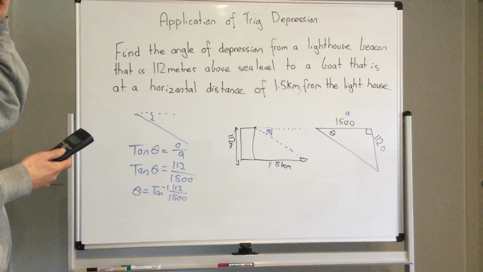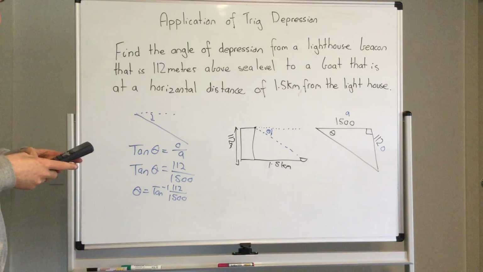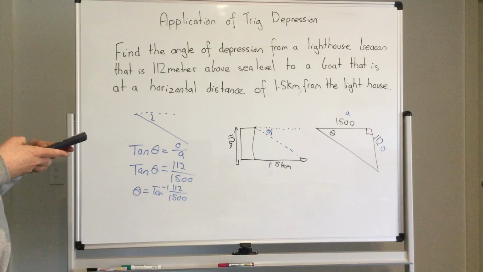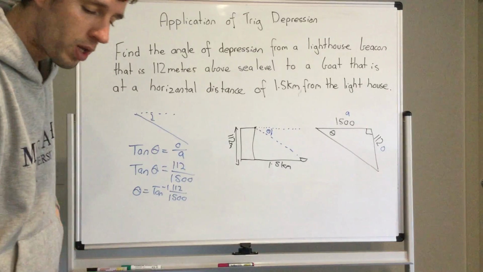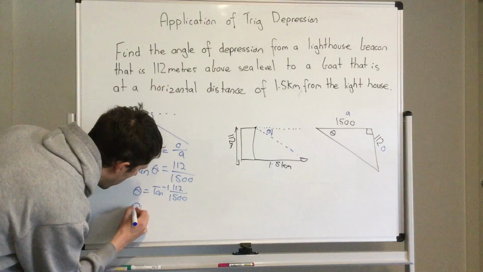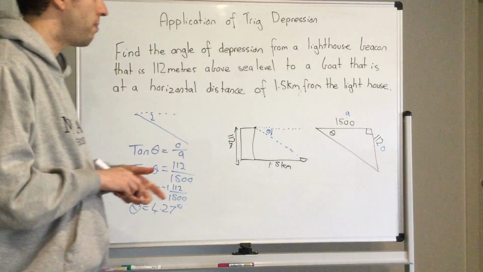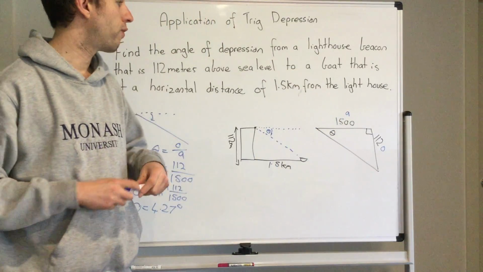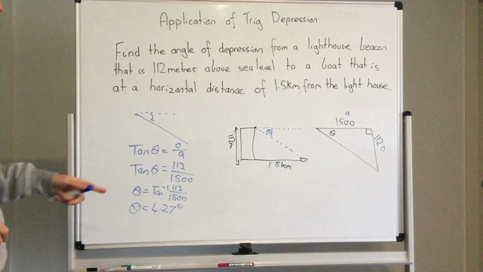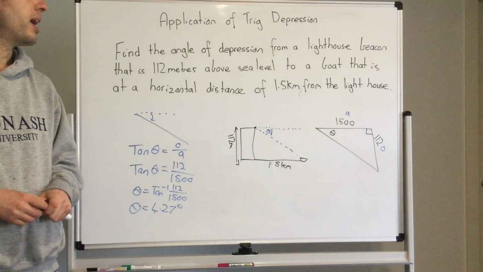So tan negative 1, 112 divided by 1,500, and that gives me an angle of 4.27. Alpha equals 4.27 degrees, which just means that is the angle of depression from the top of our lighthouse to the boat. I really hope that helps you understand what depression means and how it can apply to a problem.